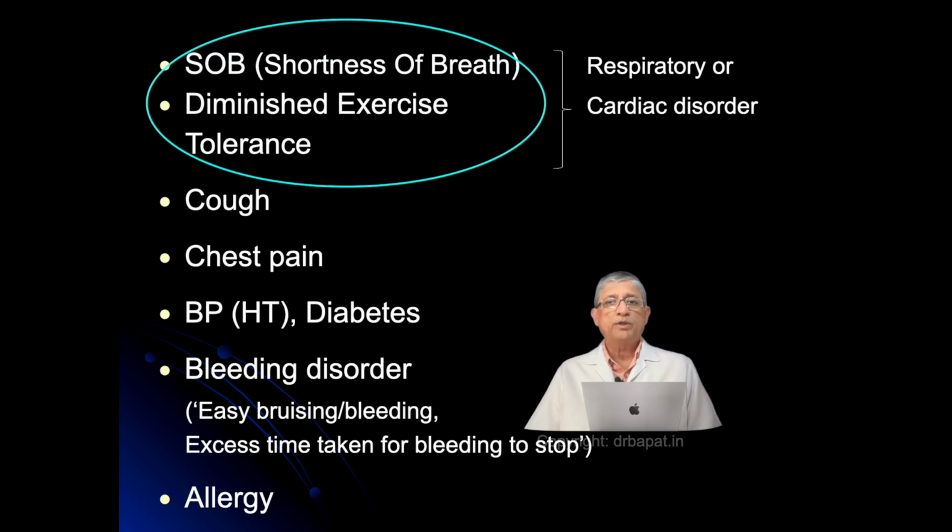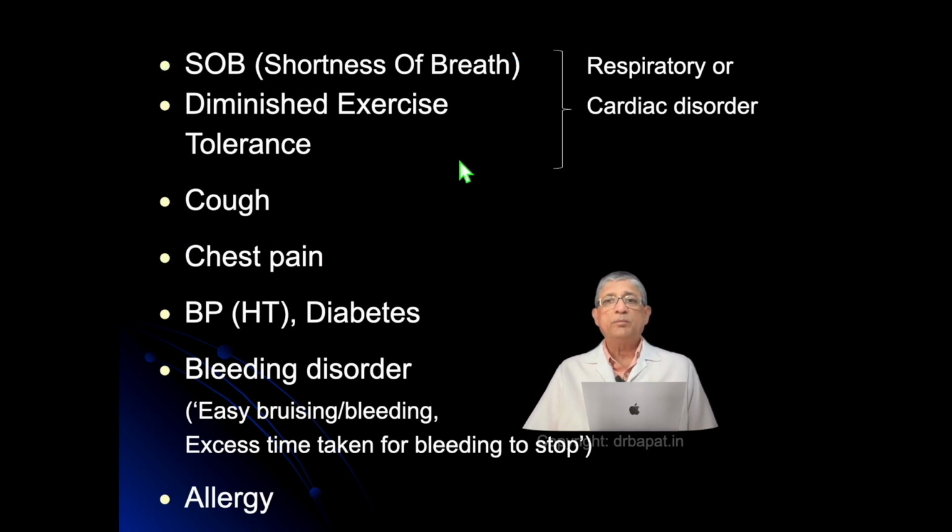If a patient complains of shortness of breath and or diminished exercise tolerance plus cough, he is more likely to have a respiratory problem. On the other hand, shortness of breath and or diminished exercise tolerance plus chest pain most likely suggests a cardiac problem. Alright?